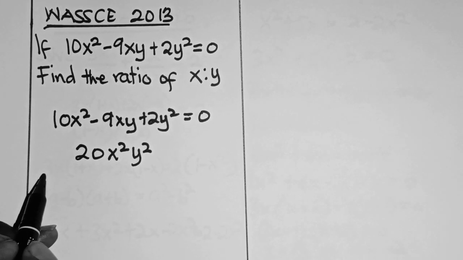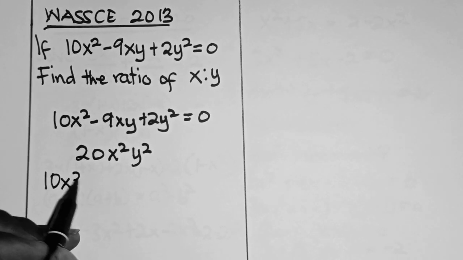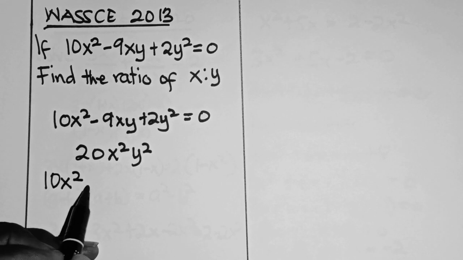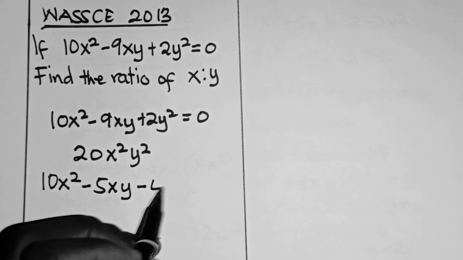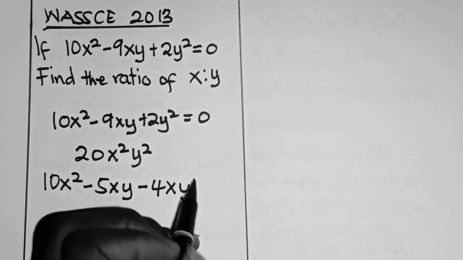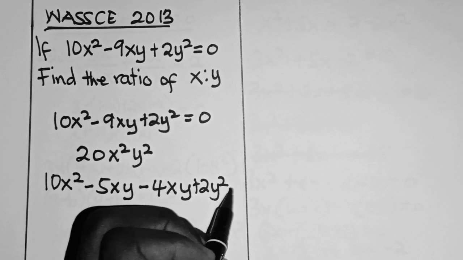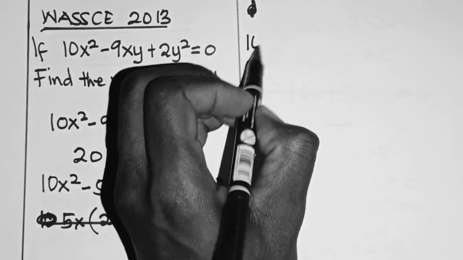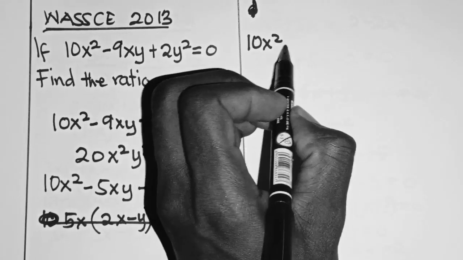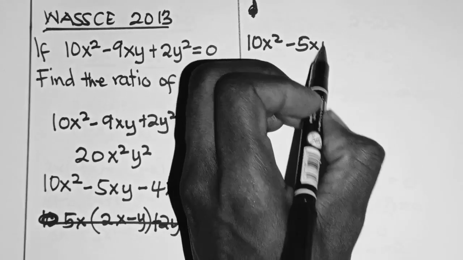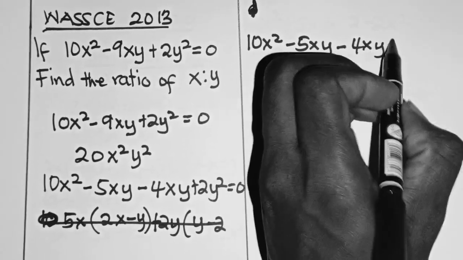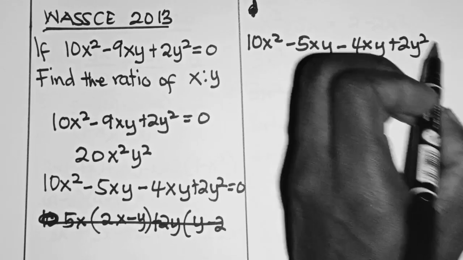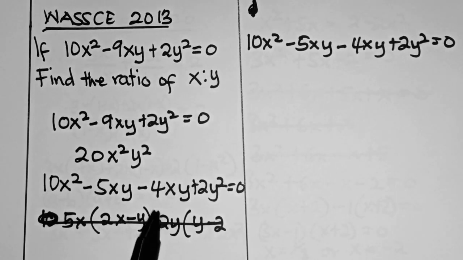So this means that it becomes 10x squared, and then minus 5xy minus 4xy plus 2y squared equals 0.